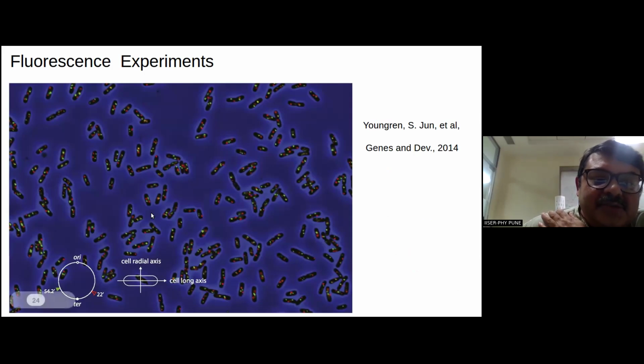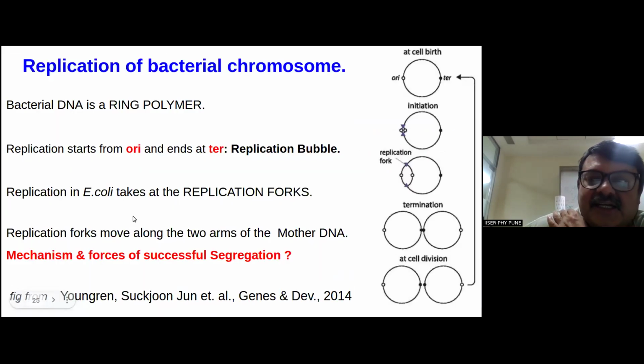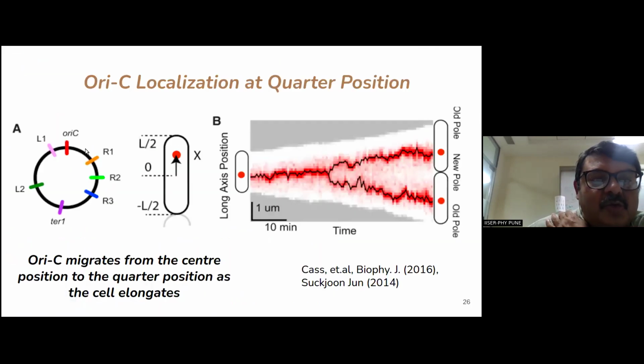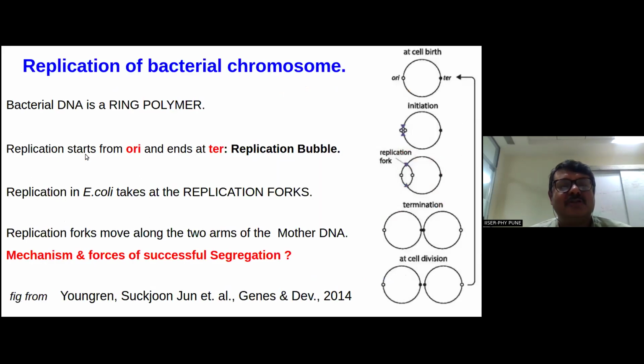So what they do, I think this is a picture from Sigden's paper 2014. What they do is tag different monomers, base pairs or genes or segments of base pairs along the chromosome. So they tag them by different fluorescent molecules.